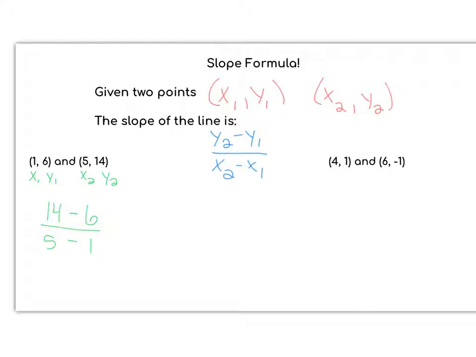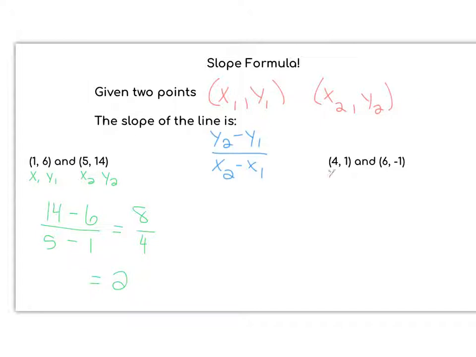So 14 minus 6 over 5 minus 1. That's the change in y over the change in x. So 14 minus 6 is 8, and 5 minus 1 is 4, and 8 over 4 is 2. So if I were to graph these 2 points and do a slope triangle, I would get 8 over 4, which is 2.